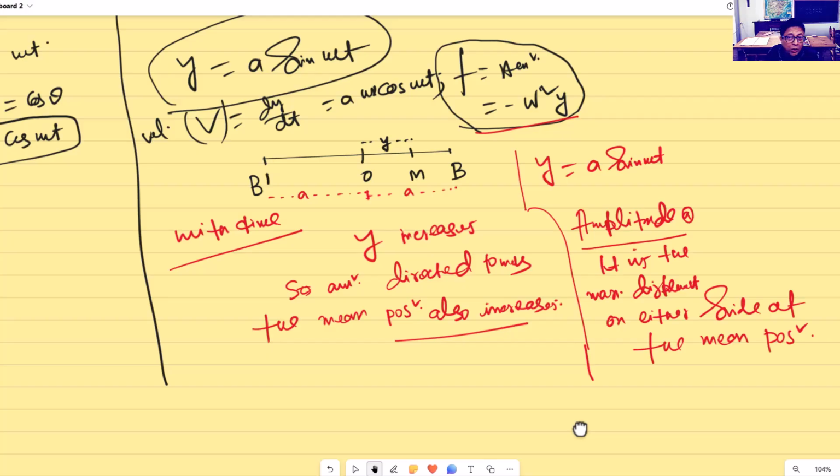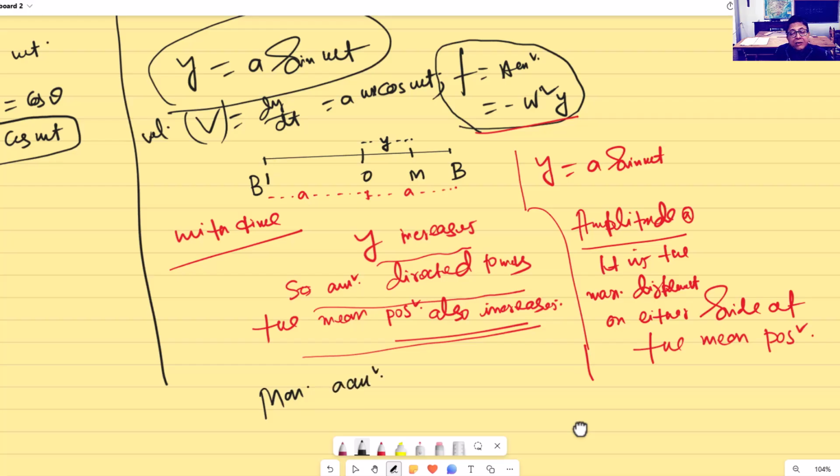Okay, this is called amplitude. So amplitude is A. Now, with time y increases, so acceleration directed towards the mean position also increases. Maximum acceleration will be what?